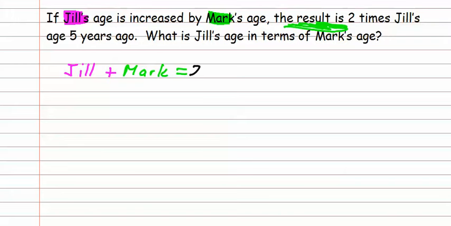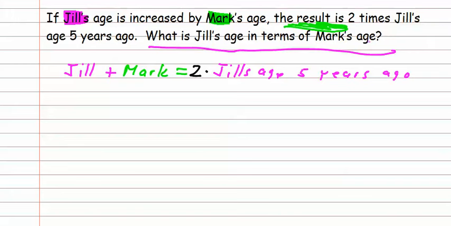It's 2 times Jill's age. The result is 2 times Jill's age, but it's Jill's age 5 years ago. Now the question is, what is Jill's age in terms of Mark's age?